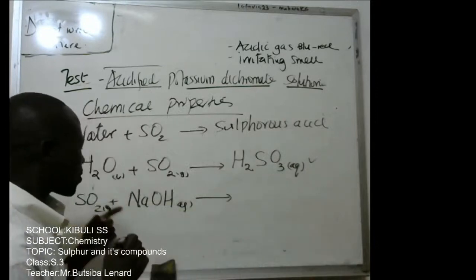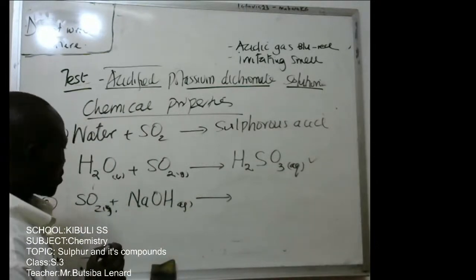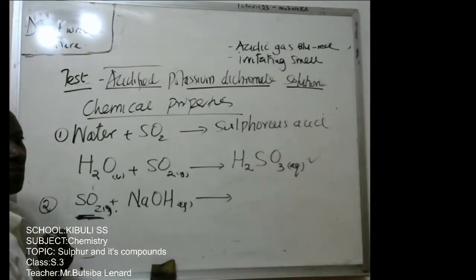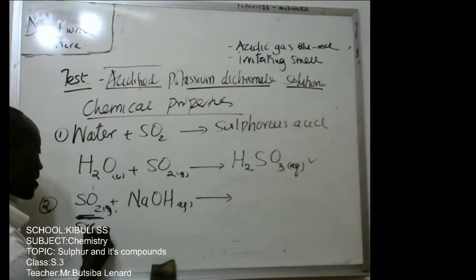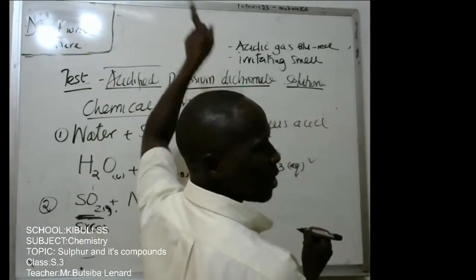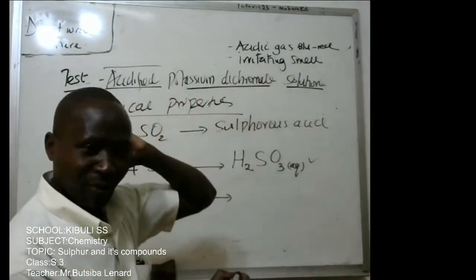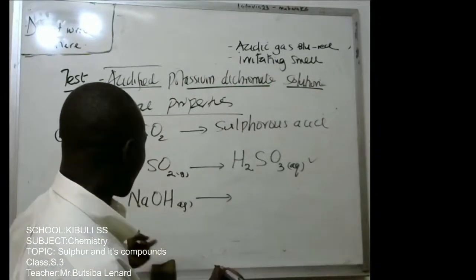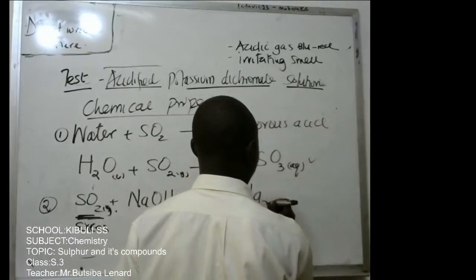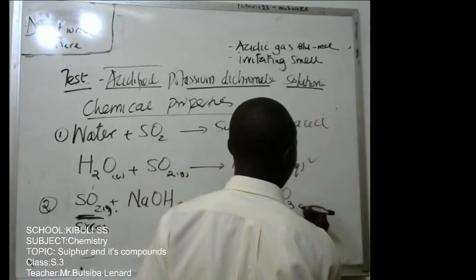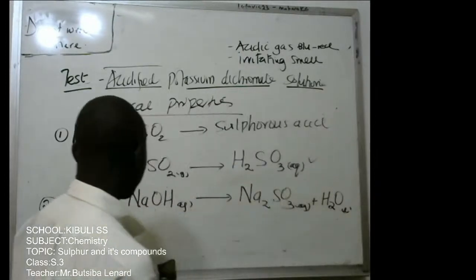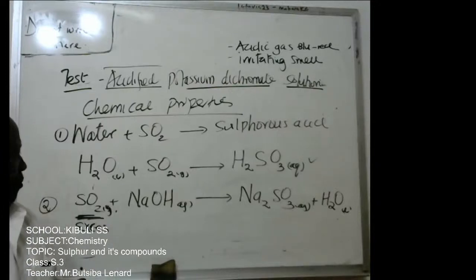The first product I'm going to think of is when sulfur dioxide is in excess; we shall end up with a sulfite. You came from soil, you go back to soil, so you came from sodium sulfite, you go back. So what is the product? Sodium sulfite, aqueous. What else will be formed? Water as a liquid. Problems of balancing.